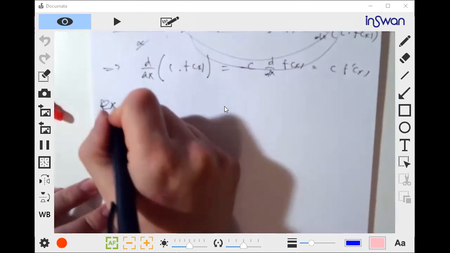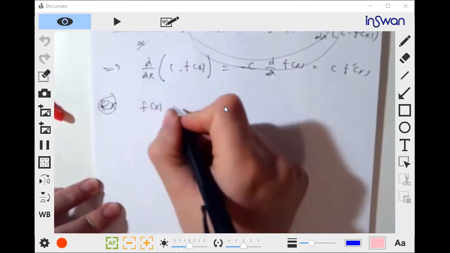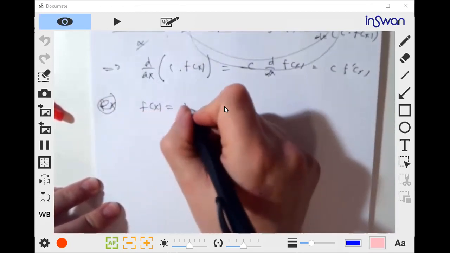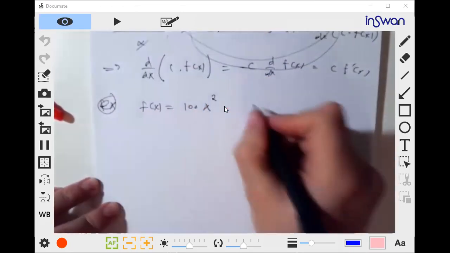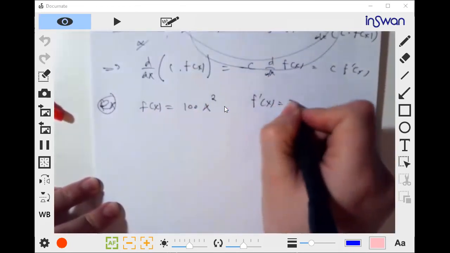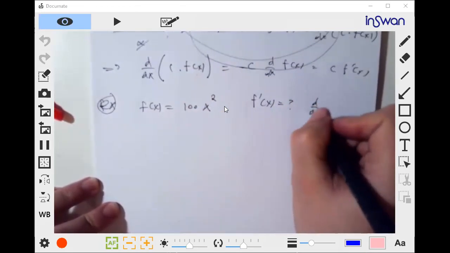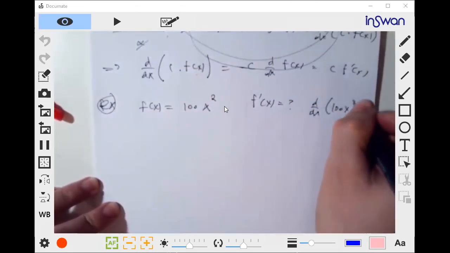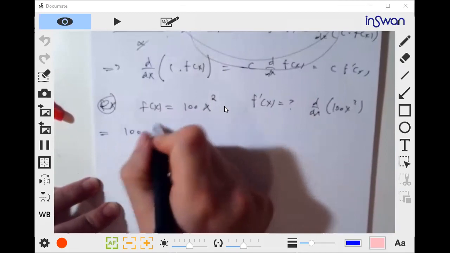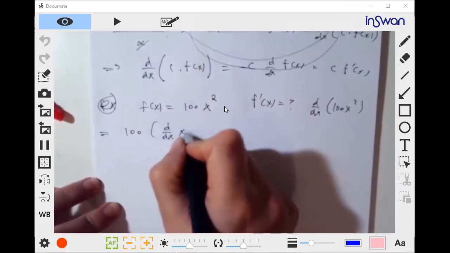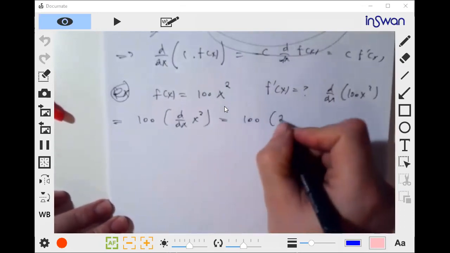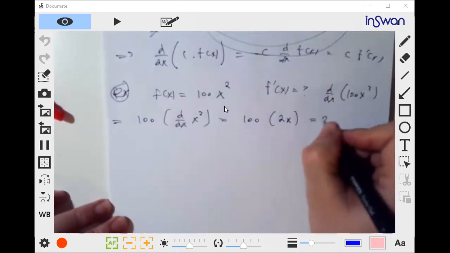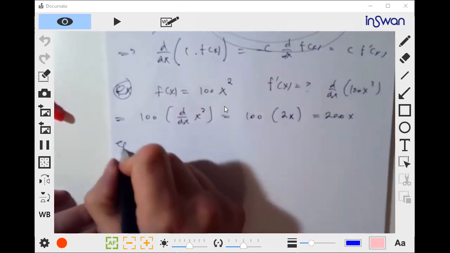So here's an example. What's f of x? If f of x is equal to 100 x to the second power, what's f prime of x? Well, that's d dx of 100 x squared. It ignores the 100 and attacks that x squared. And then we just use the power rule. So this becomes this. Here's another example.